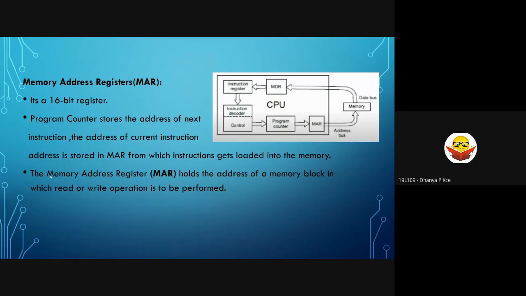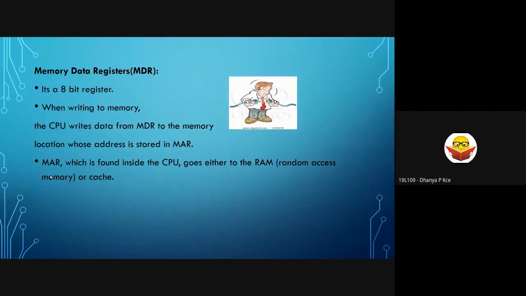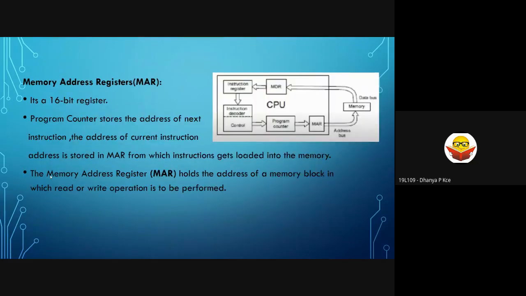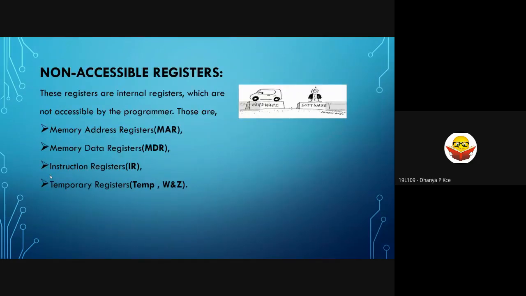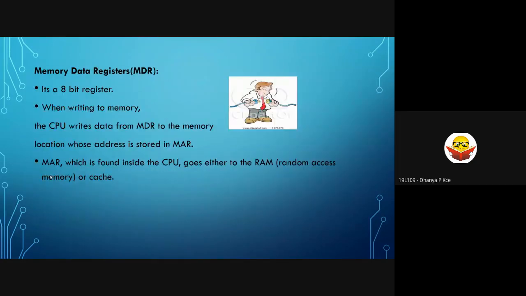Else, if it's an instruction, it will go via MDR, which will be discussed in the next slide. MDR, memory data register. It's an 8-bit register, because I had said that since MAR is used to store an address, it's 16-bit. But MDR will have just an instruction, that is of just 8 bits. So it is just an 8-bit register.